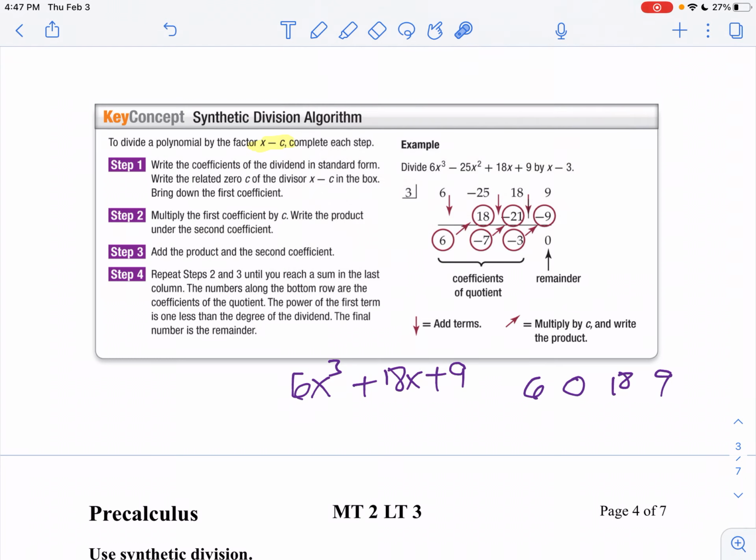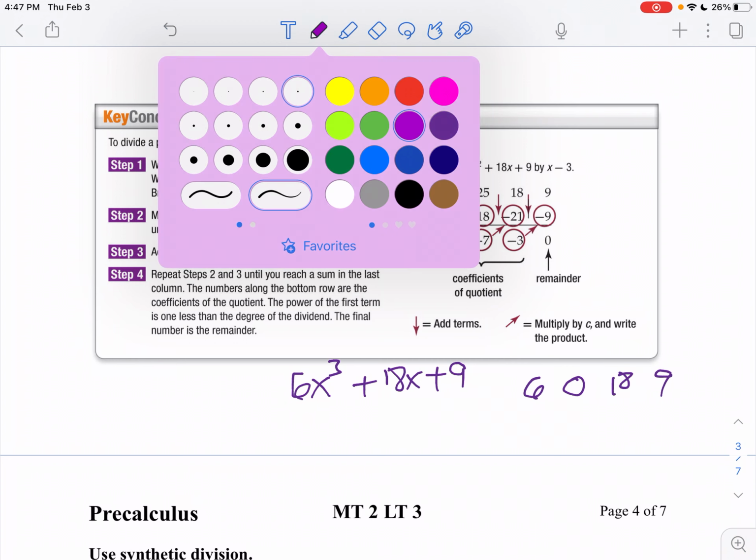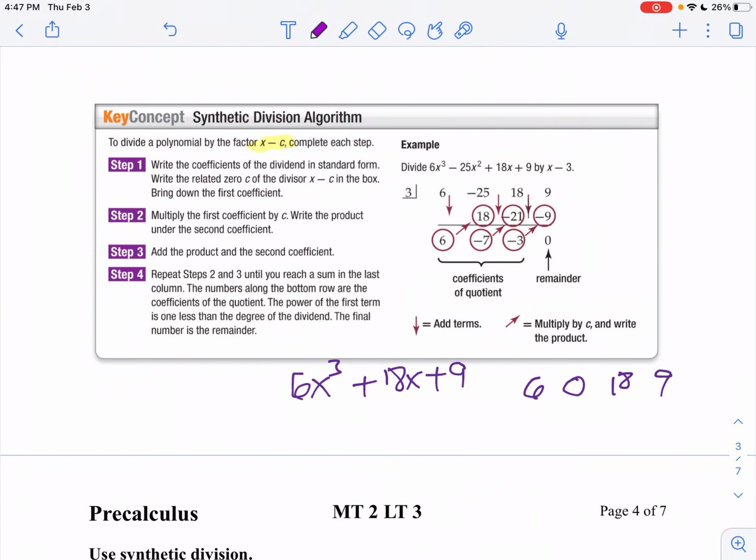That means that whatever your exponent was, my answer is going to be 1 degree less. So I started with 6x to the third, so my answer is going to be 6x squared minus 7x minus 3. We always do the depressed polynomial.